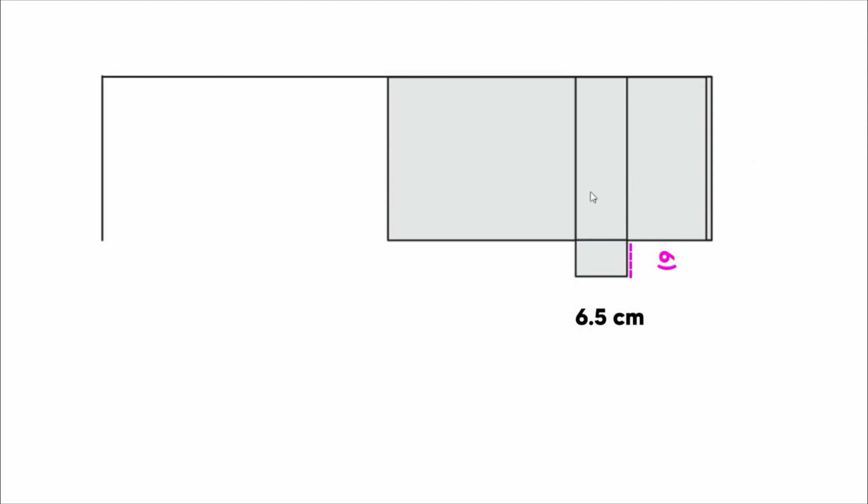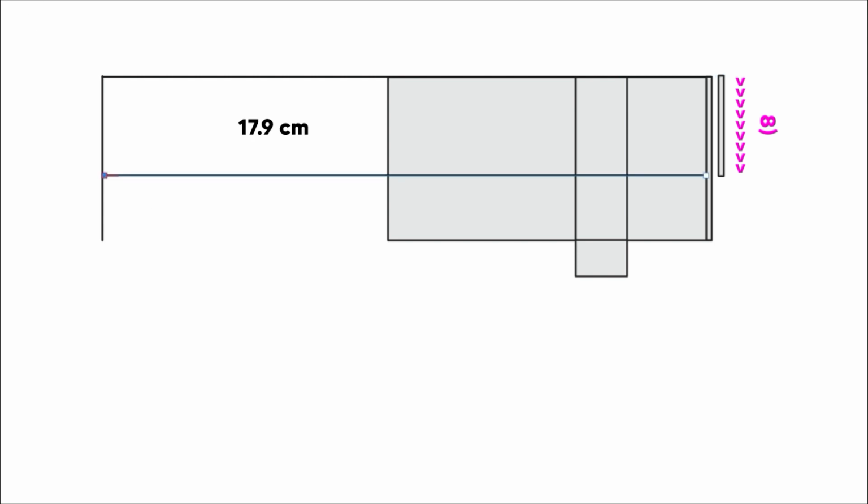That's measurement number 6. Then we're drawing in our front fold, which is measurement number 8. The front fold sits in the middle, which means it is 17.9 in Terry's case.